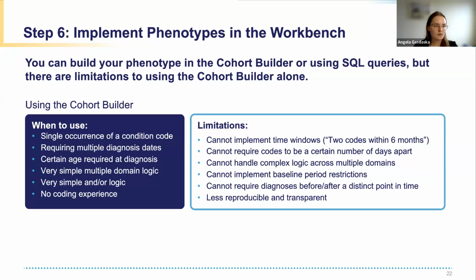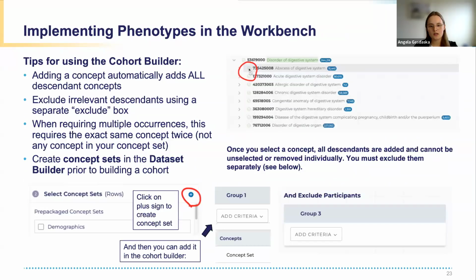But there definitely are some things to keep in mind as you're using the cohort builder that are not as obvious. So let's take a look at some of those. First, something really important to point out is that when you are in the cohort builder adding concepts, especially for conditions, it's going to automatically add all descendant concepts, and you can't actually remove any of those descendants.